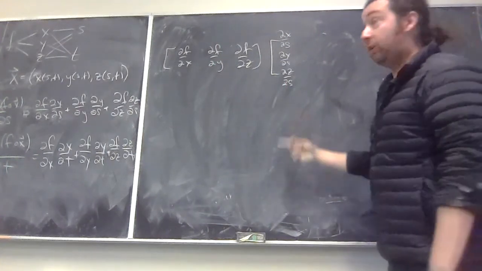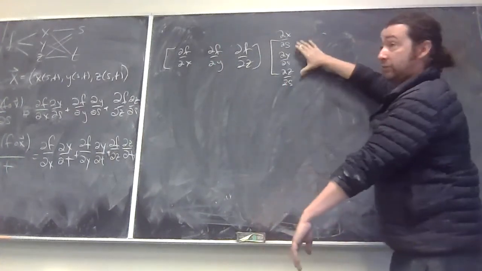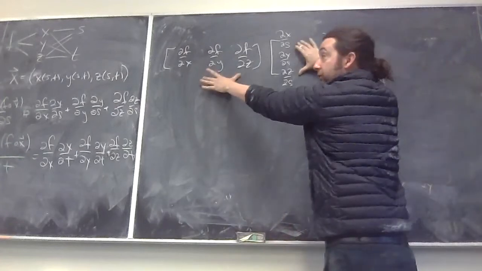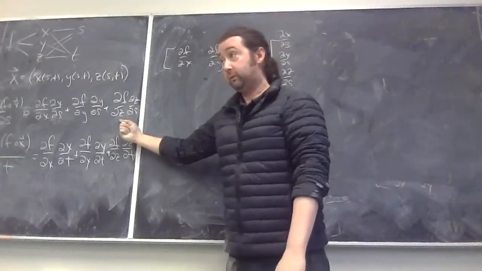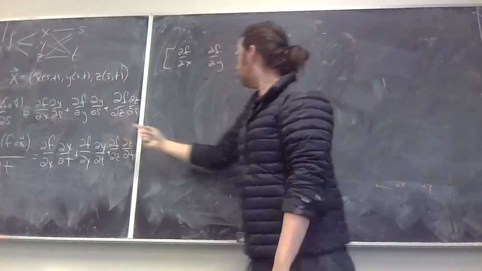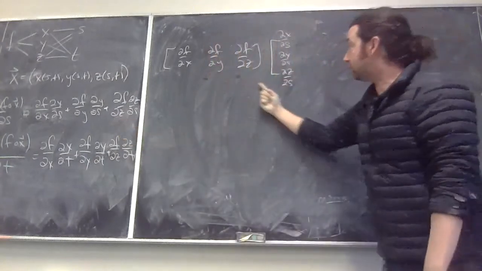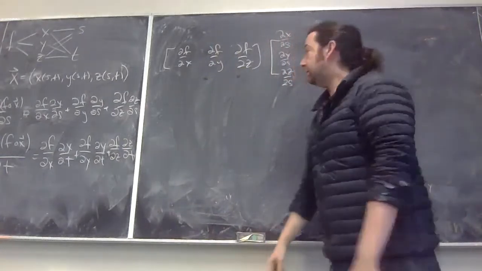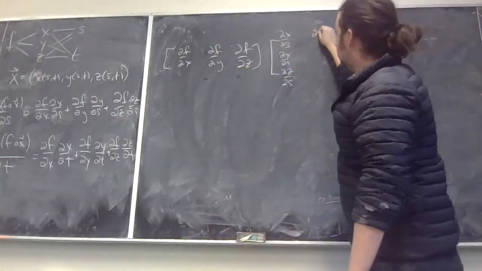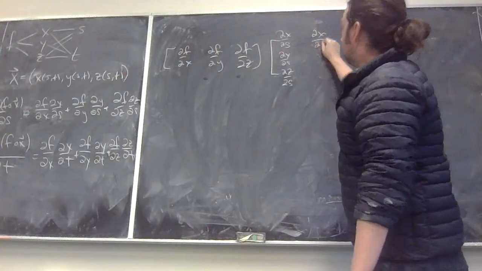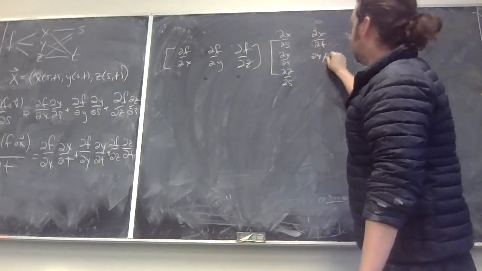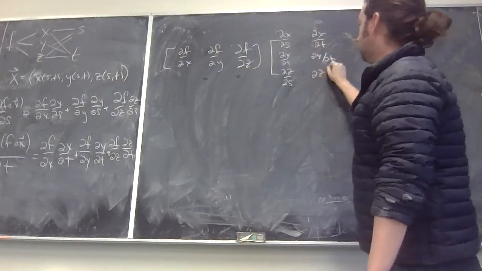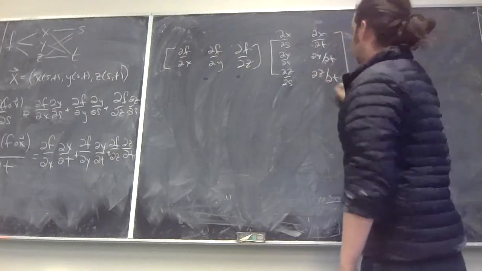Independent variable, and also the matrix multiplication of this row and this column give you this output. This output corresponds to this row times this column. Where's the other equation going to come from? The next column, which should be dx dt, dy dt, dz dt.